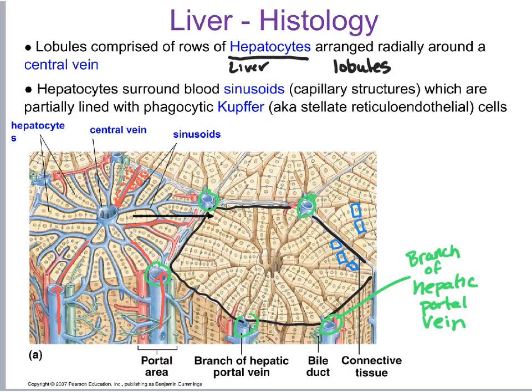And that blood takes kind of a casual journey through all of these sinusoids, right down to a structure that we call the central vein. So think of that central vein as being the drain in your bathtub. So that central vein is collecting blood from all of these sinusoids.